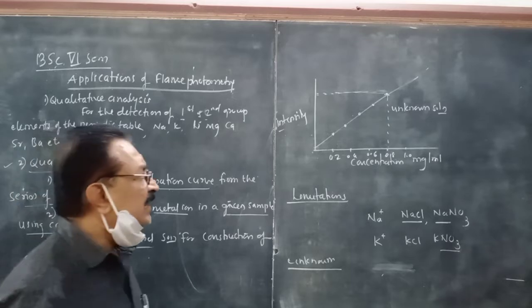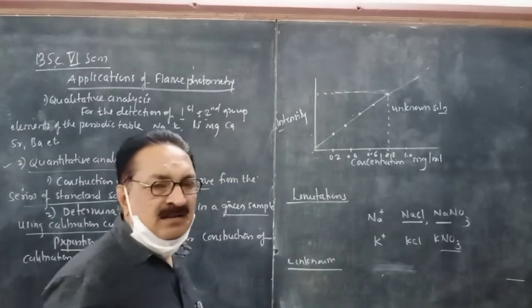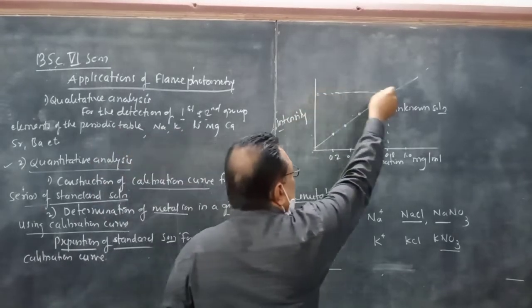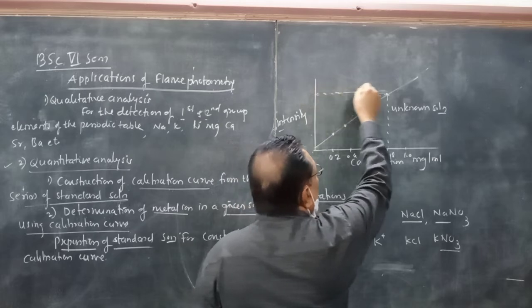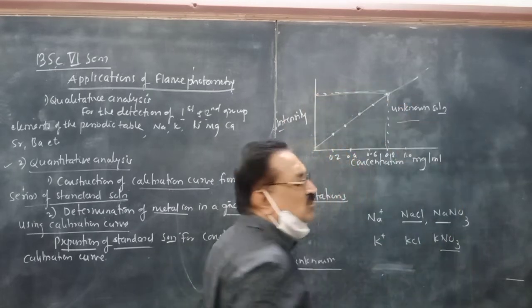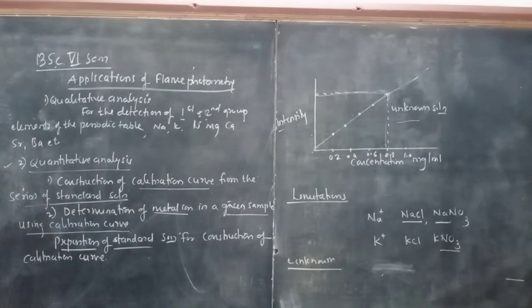Those atoms absorb the radiation and re-emit it with a specific intensity, which is measured, and from the known intensity the concentration of the unknown solution can be determined, and from this standard calibration curve the amount of the element present in the given solution can be calculated.